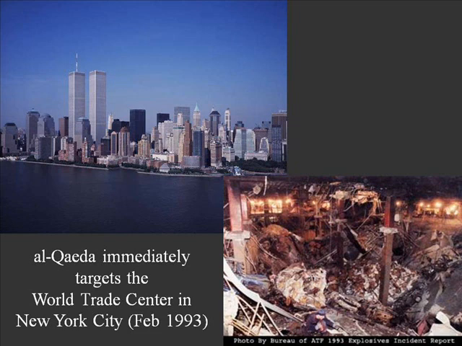Did not work, because the pillars holding up those buildings are extraordinarily strong. And they were built with the plan in mind of being bombed or having a plane hit them, which is an interesting thing. So the bombing destroyed much of the stuff in the parking structure itself, but did not knock the buildings down.